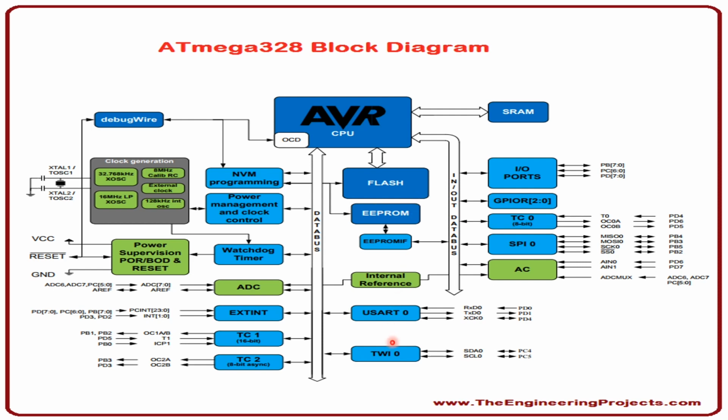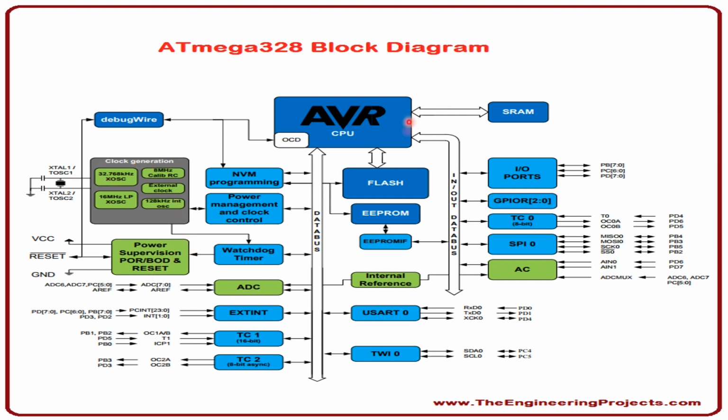Okay, after that, we are going to consider this clock generation. This particular IC can support a low power crystal oscillator, a full swing crystal oscillator, as well as a low frequency crystal oscillator as an external oscillator, but it has two internal oscillators which can generate a frequency of 2 to 8 megahertz, generally 8 megahertz.